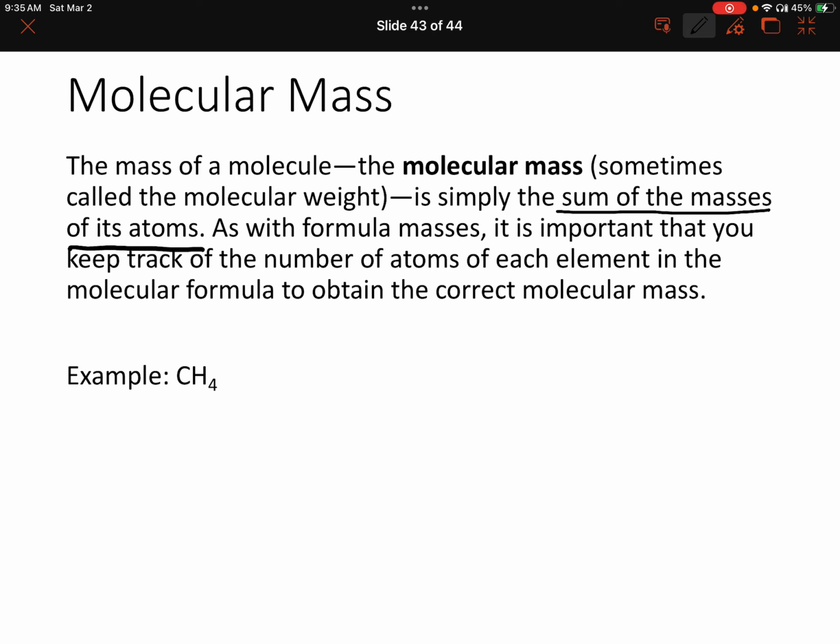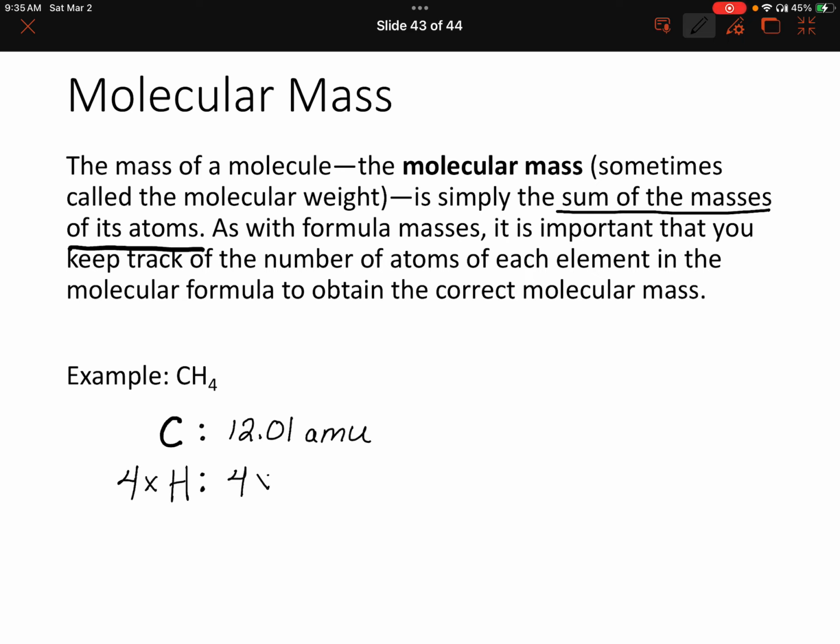Now we do have to keep track of the number of atoms for each element in the formula. So for example, let's calculate the molecular mass of CH4. So we have one carbon, and its mass on the periodic table is 12.01 AMU. And remember, AMU stands for atomic mass units. And then we have 4 hydrogens.